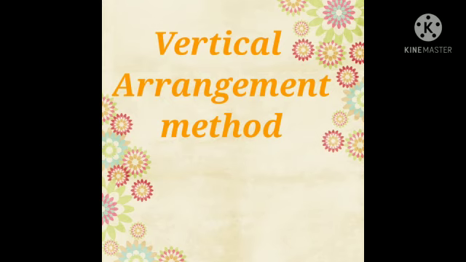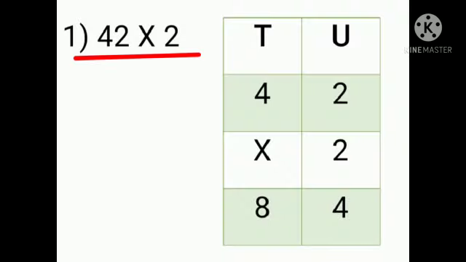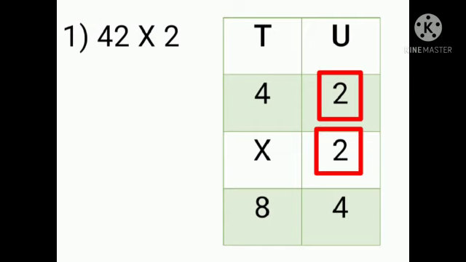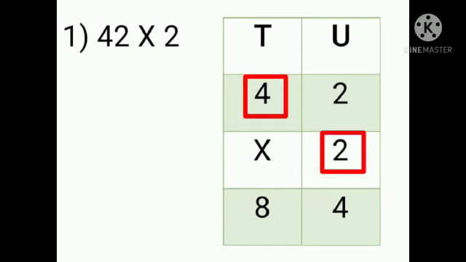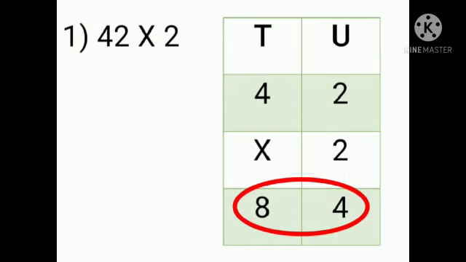Now let's see vertical arrangement method. First one, 42 multiplied by 2. We will draw the columns, arrange the numbers and start from units place. 2 2s are 4. Then tens place, 2 4s are 8. So therefore 42 multiplied by 2, answer is 84.